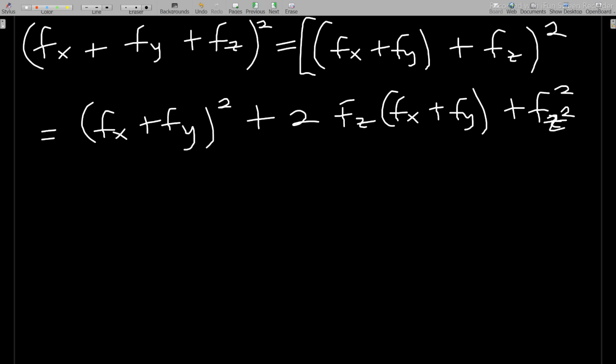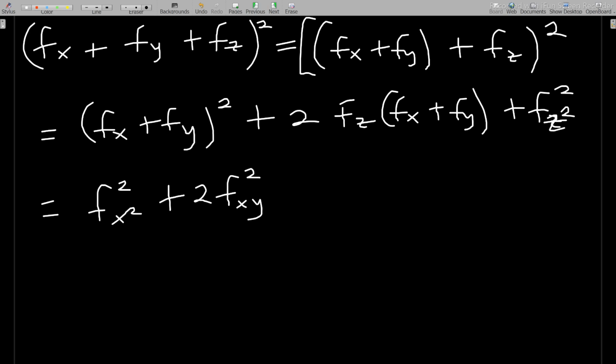Now the expansion here will give me fx times itself, so we'll have fx squared, like this, plus 2 fxy, because I'll multiply them.